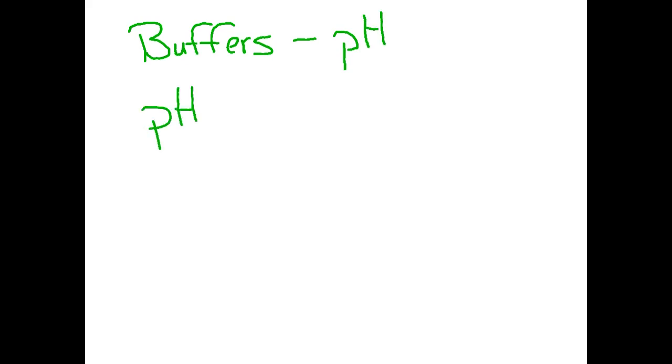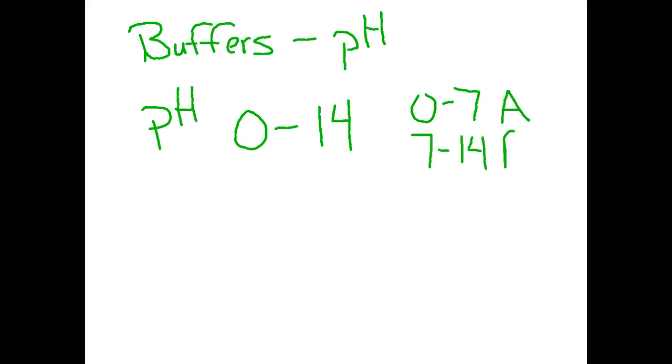So let's review a little bit. We know that we need buffers. We know that buffers help us to guard against extreme changes in pH. And we know that pH runs from 0 to 14, with 0 to 7 being our acids, 7 to 14 being our bases, and 7 being neutral.